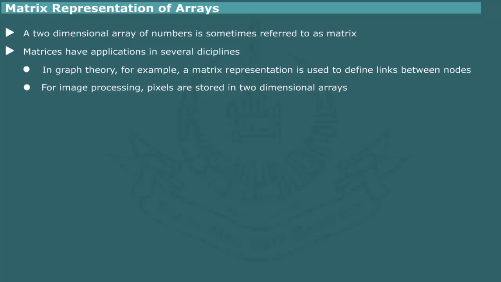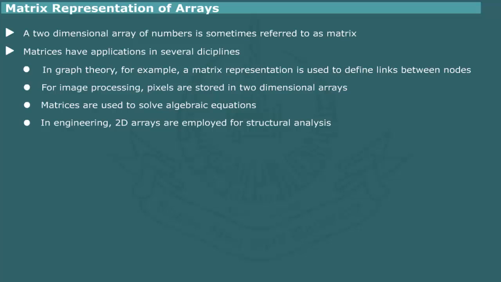Image processing applications store pixel values in rows and columns for different kinds of transformations. In mathematics, matrices are frequently used to solve a set of algebraic equations. Matrices are commonly used in quantum mechanics to compute energy spectra. In engineering applications, matrices are frequently employed for structural analysis.